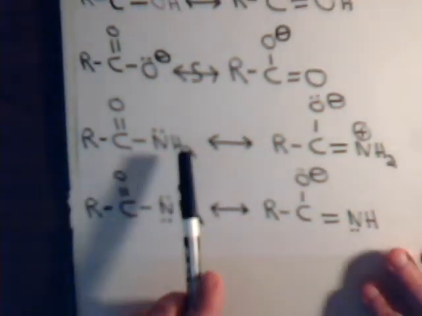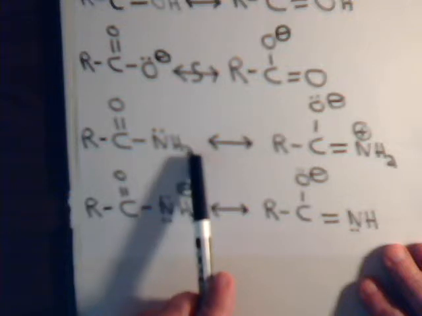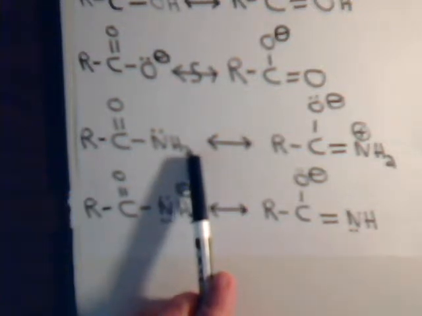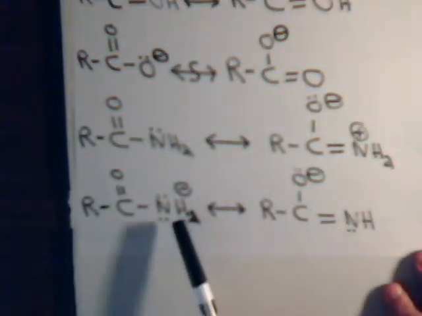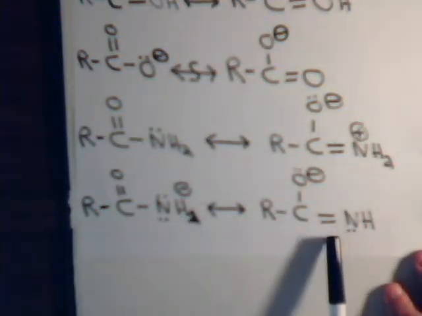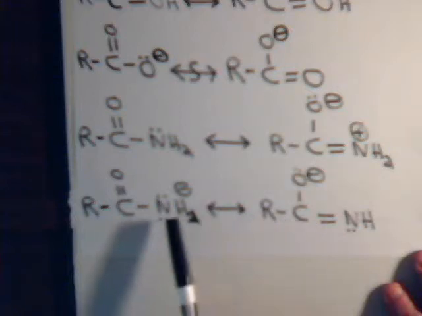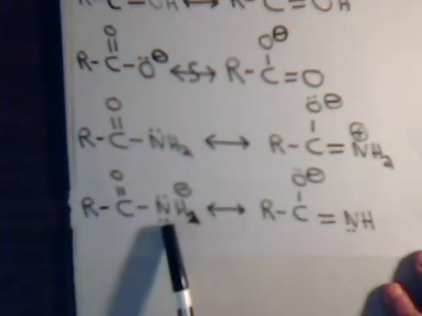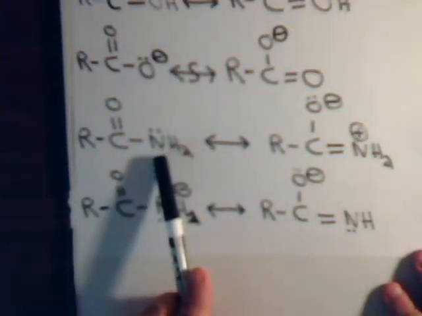So again, we see that when the amide loses a proton, in other words, when it acts like an acid, it forms this anion, and this anion has a better resonance stabilization than the protonated form.